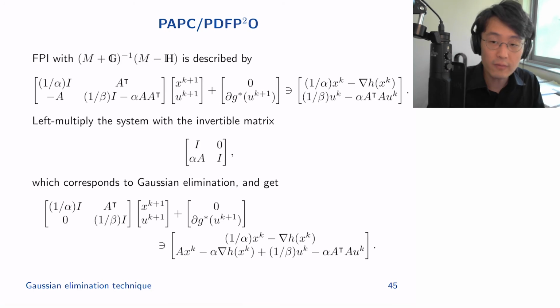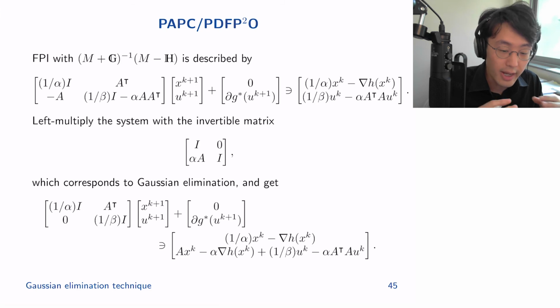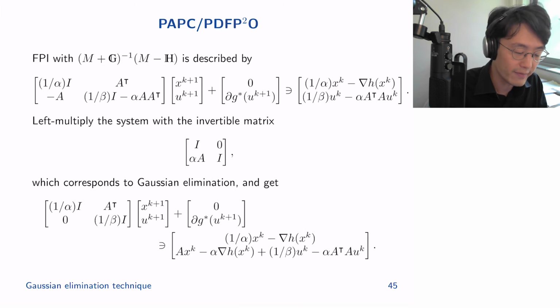Okay, now if we solve for xk plus 1 and uk plus 1, we will get an algorithm given by this variable metric forward-backward splitting. To do that, we want to have in this case an upper triangular system. To achieve an upper triangular system, we will left multiply the system with this invertible matrix. And when we carry that out, this matrix becomes this upper triangular structure.